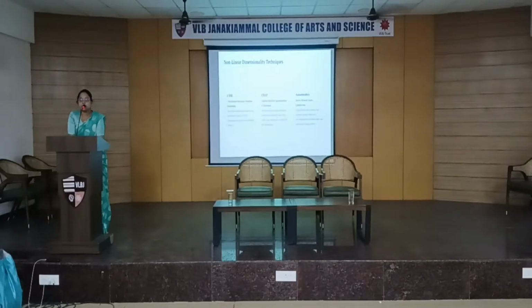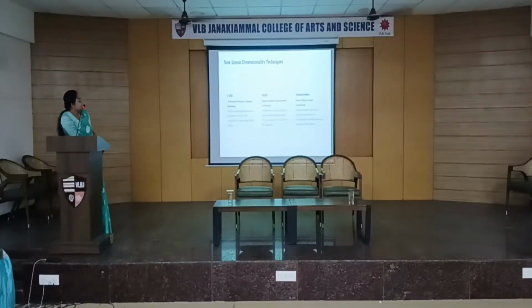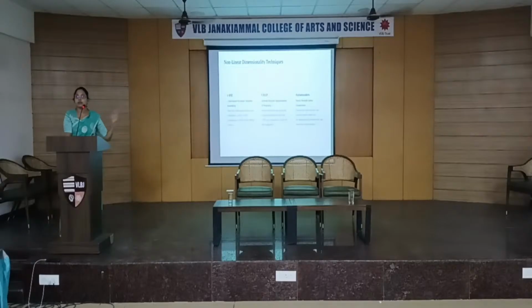Coming to t-SNE and UMAP, as we discussed before, we had 3 different methods for filtering. The same way, t-SNE is nothing but t-distributed stochastic neighbor embedding, and UMAP is uniform manifold approximation and projection. So both are similar. How it is similar is like you are buying a car.